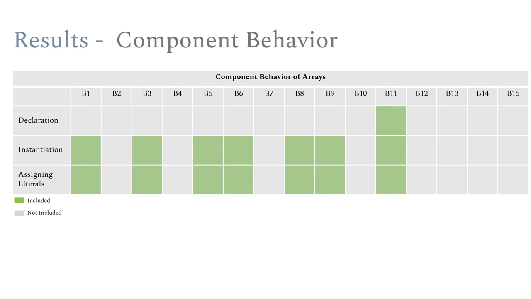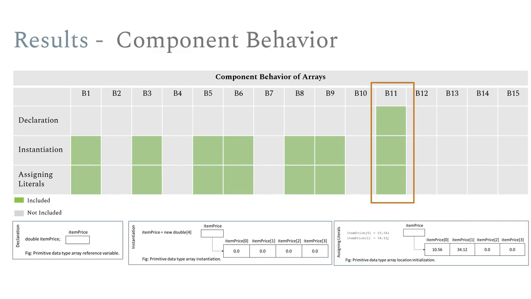For component behavior, we can see only B11 explained declaration, instantiation, and assigning literals with diagrams. These 6 provided diagrams that look like this. So here is the diagram of the declaration, here is the diagram of the instantiation, and this is the diagram of assigning literals.